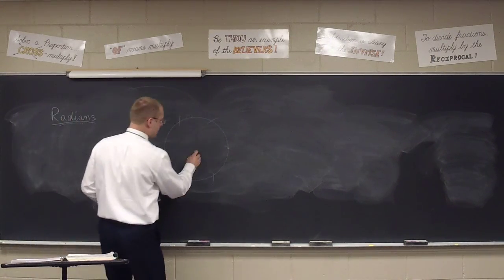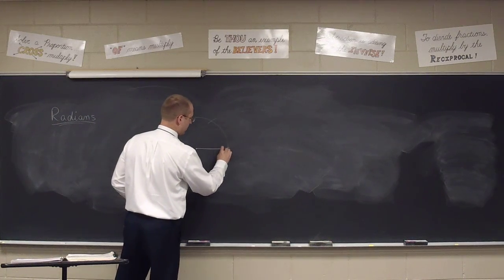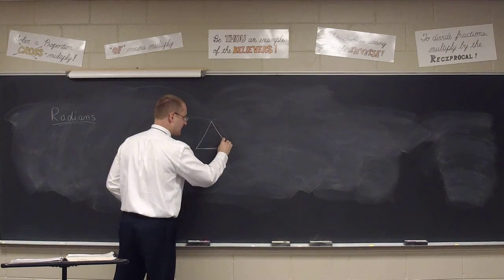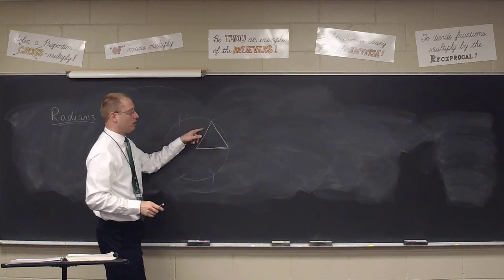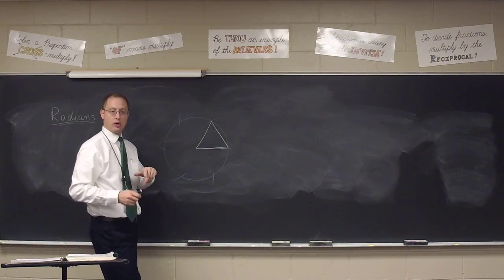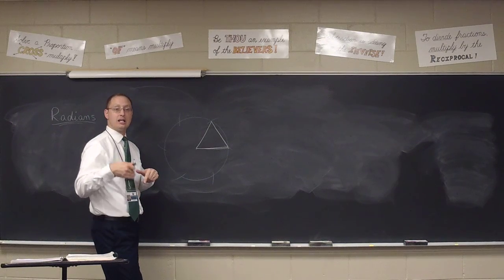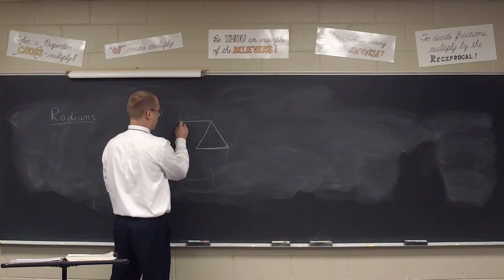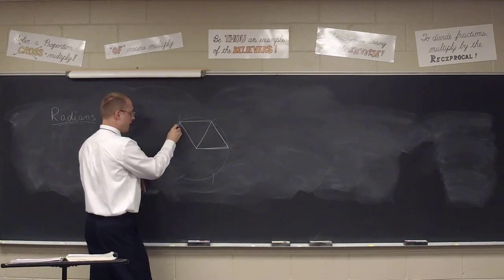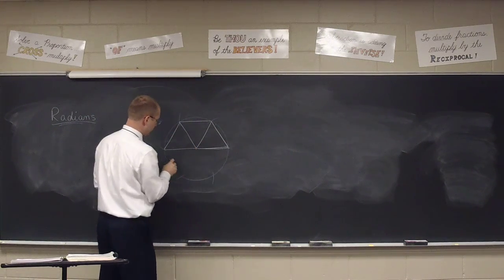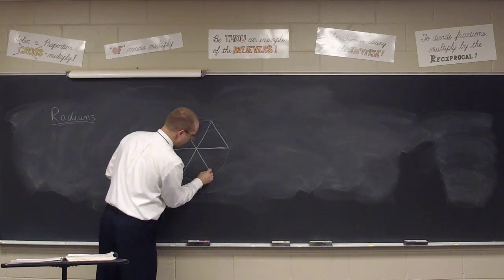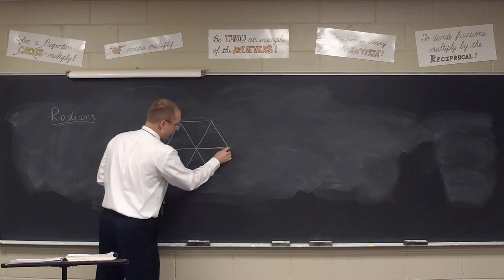And the thought is this, that from the center, this is a radius here, radius here, radius here. I get a little triangle, not just a triangle, an equilateral triangle, don't I? And then another equilateral triangle, and another, and another, and another, and another.